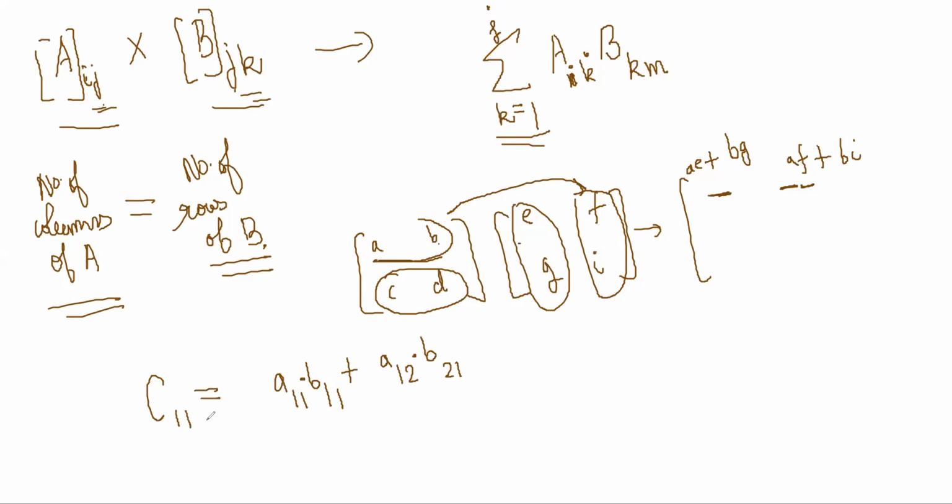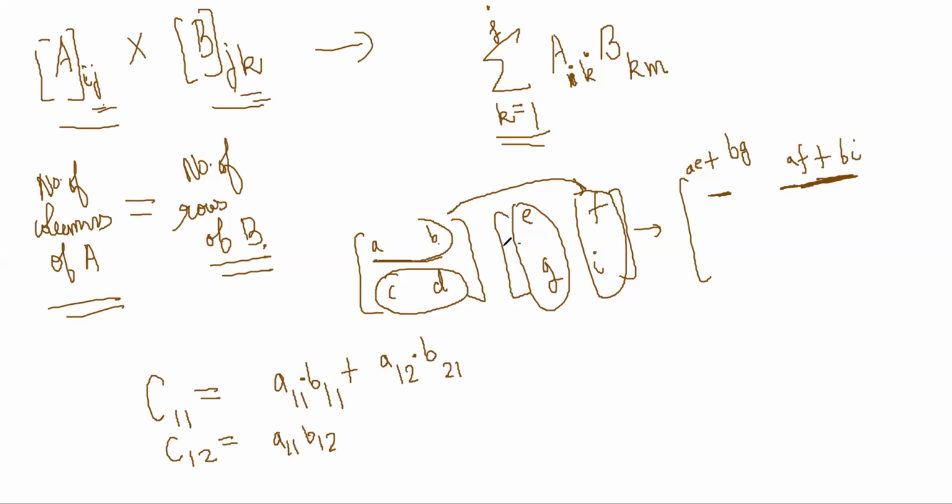C11 is this, right? Correct. Yes, sir. C12 will be this element. That is basically A11 into B12. So it'll be A21, no? So A21 into B12, no? A second row, first column. No, A21 into B12.